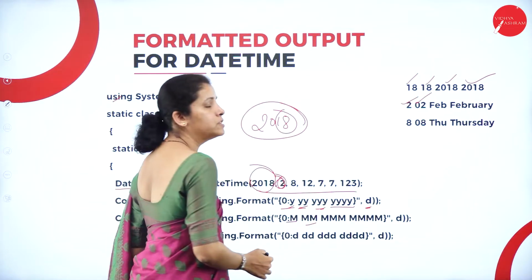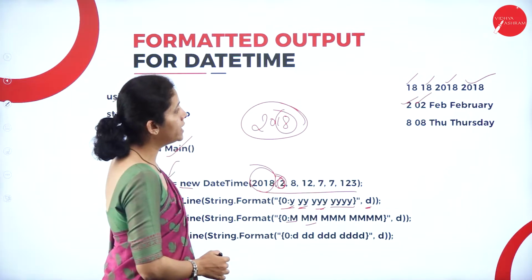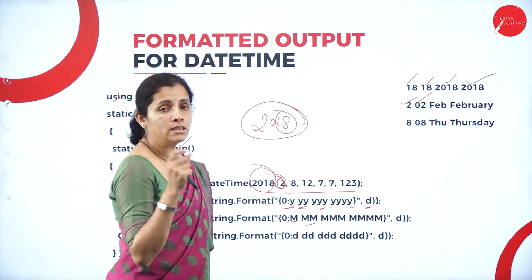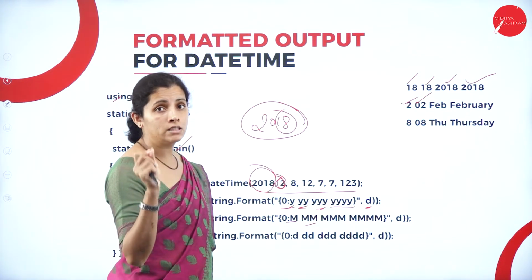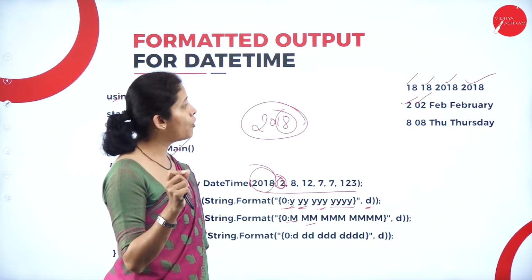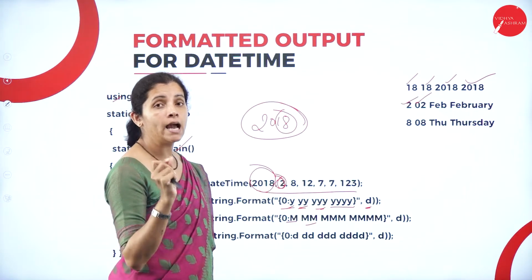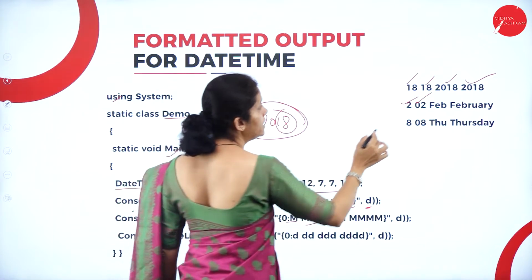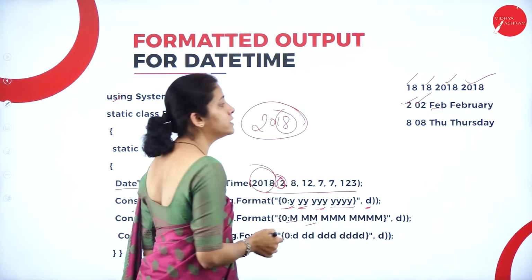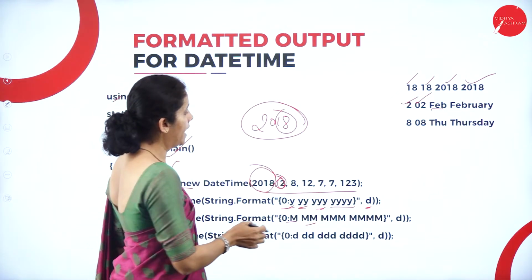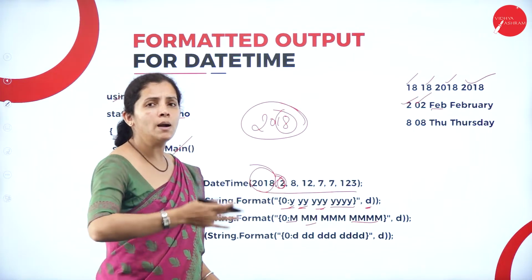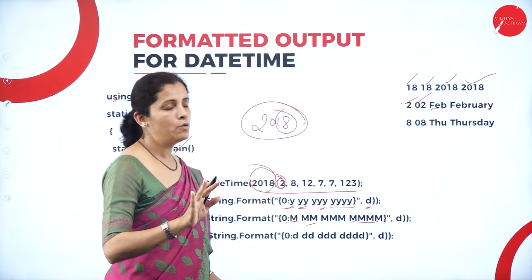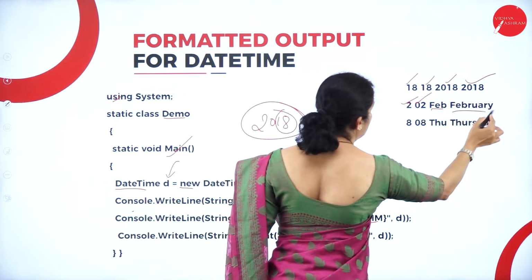And if I have triple M, then whatever the month I have is represented in the form of the month name. In that, I'm going to consider only 3 characters or 3 letters. So, Feb. And if I write 4 M's, then I'm going to display the complete month name. Okay, so it is February.